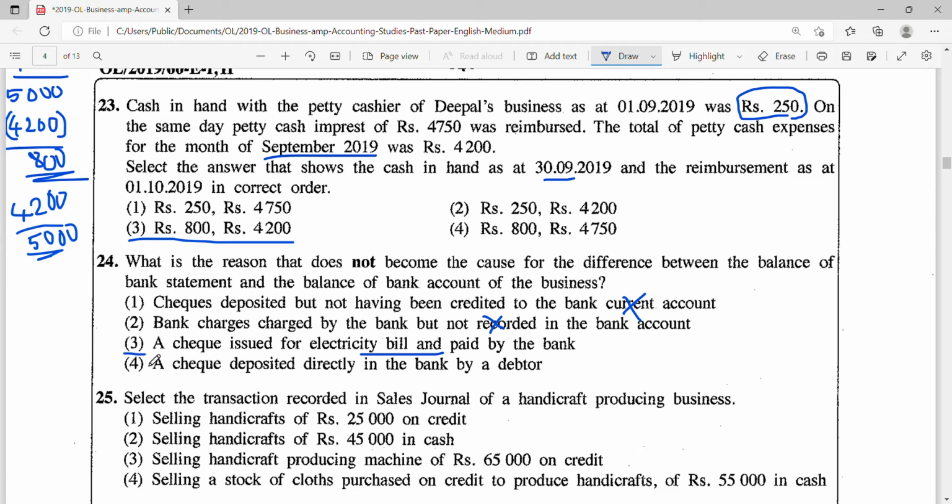So looks like the correct answer is answer 3. A check deposited directly in the bank by the debtor. Yes, this will definitely cause a difference in the balance between bank statement and bank account, because business doesn't know that the person has paid but already the cash has been deposited.